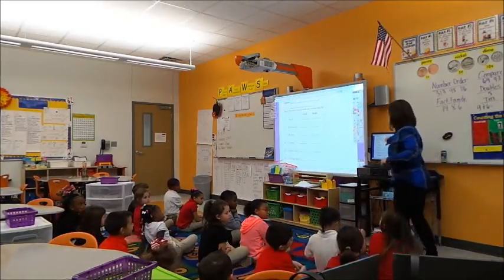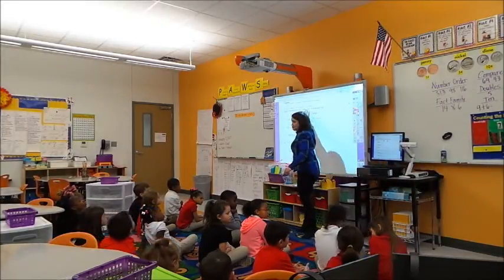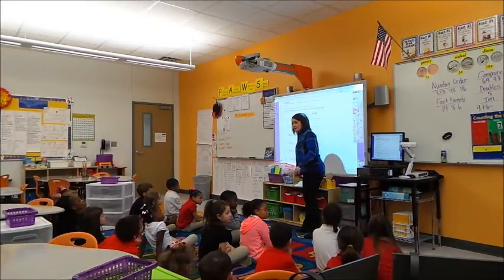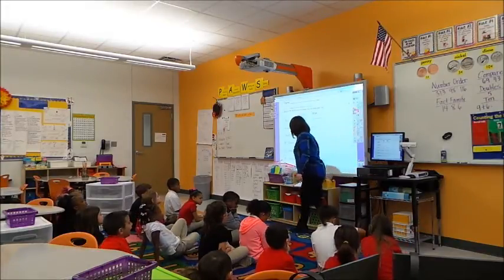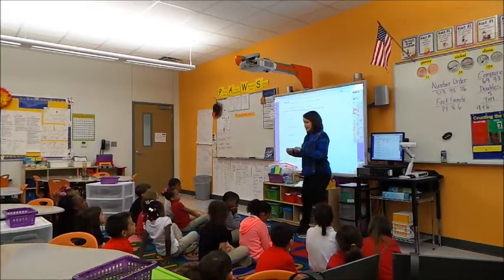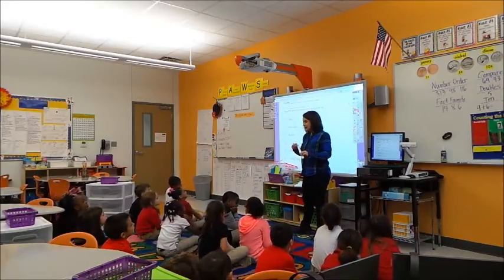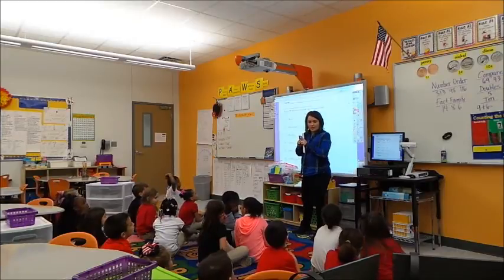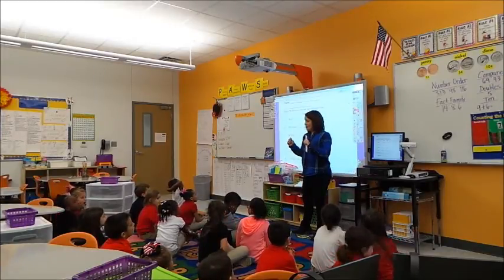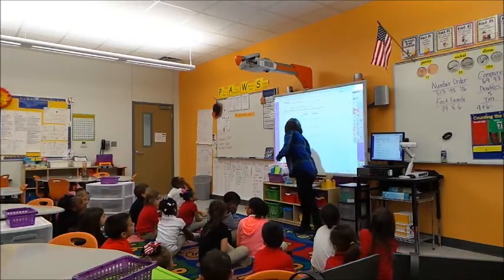Whenever you measure, did you notice that you had larger numbers with your small paper clips and smaller numbers with your larger paper clips? That's just like when you measure with centimeters and inches. Centimeters are smaller and inches are larger. Okay? Very good.